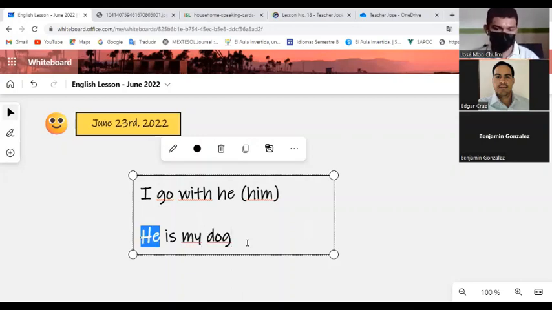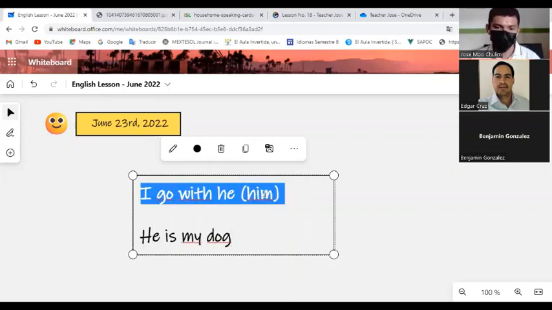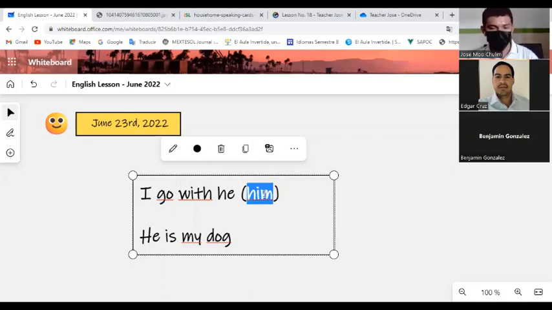En este caso, sí estaría correcto utilizar este pronombre. Pero en este caso, aquí utilizamos este pronombre, que es otro tipo de pronombre, en este tipo de estructura. You can say I go with him or I go with it. I go with it es voy con él, es lo mismo, pero como te expliqué, usualmente a los animales, cuando se les considera parte de la familia, se les puede llamar he or she. Okay, excellent. Thank you.